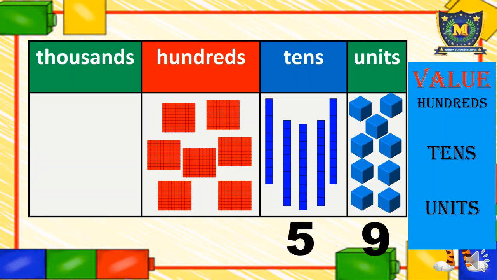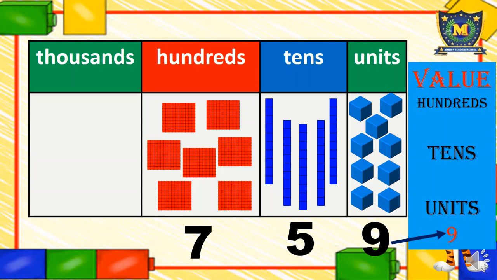Yes, you're right. It's 5. How about flats on the hundreds place? Amazing. It's 7. Now let's see the value for each digit. Let's begin with units. We have here 9 units. What's the value for 9 units? If your answer is 9, then you're right.